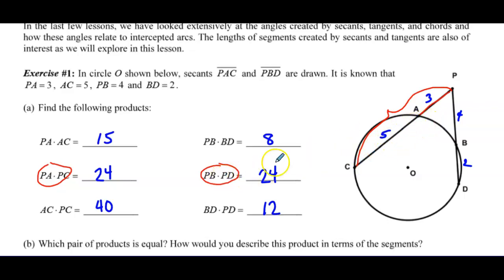All right, and then PB and PD do the same thing. PB is the outside part, PD is the total. Okay, and so what that's telling us is that the product that we're looking at is the outer segment times the total segment along a secant line. And if we do that, we will get equal amounts.